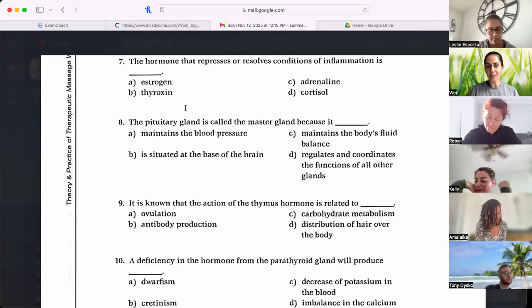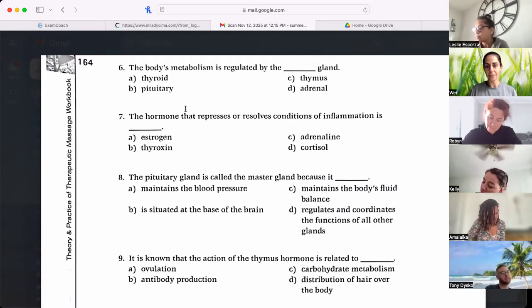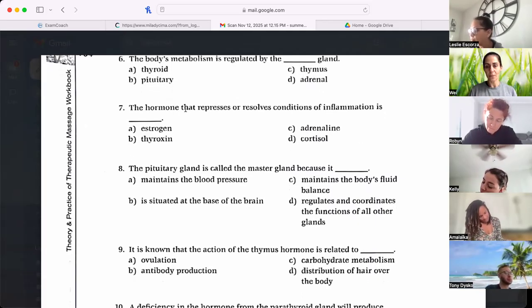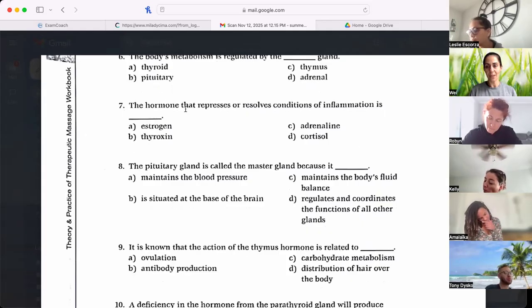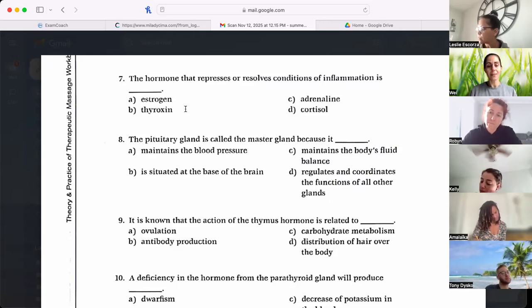I was trying to figure out who to pick next. Let's do Kelly again. The pituitary gland is called the master gland. Why? Because it regulates and coordinates the functions of all other glands. Correct.